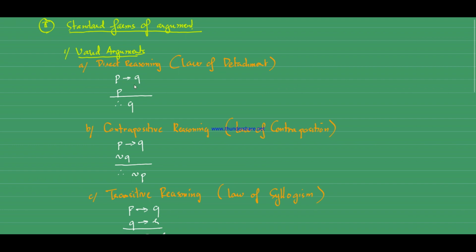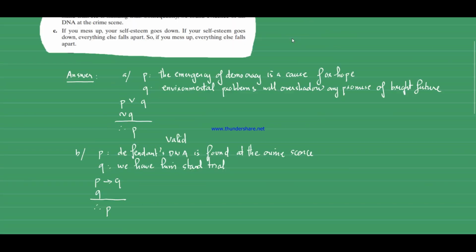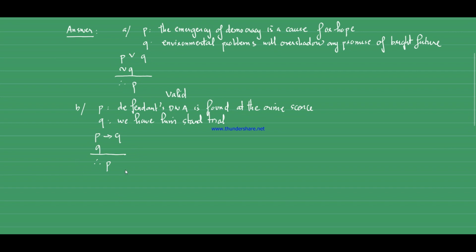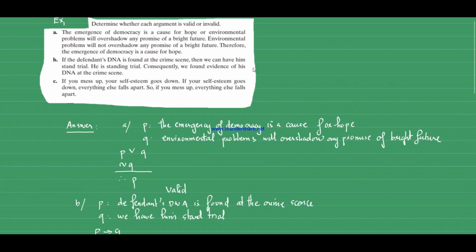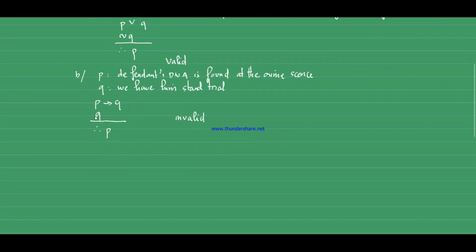We don't have such a thing as P implies Q, Q, therefore P. So this is invalid. P implies Q, Q gives you P is the fallacy of the converse. This is invalid because it's a fallacy of the converse right here.